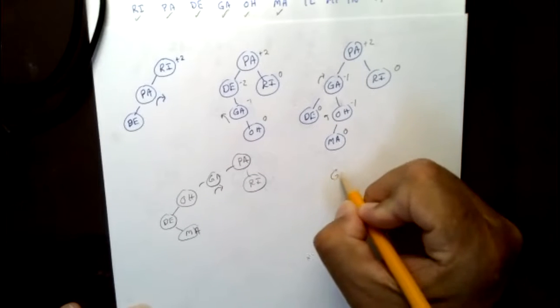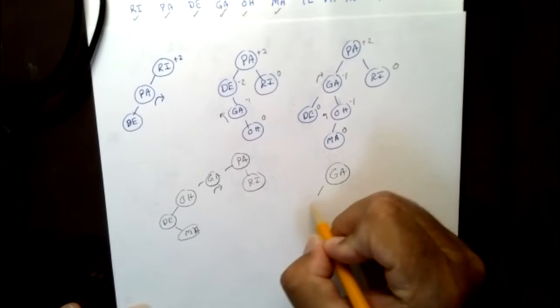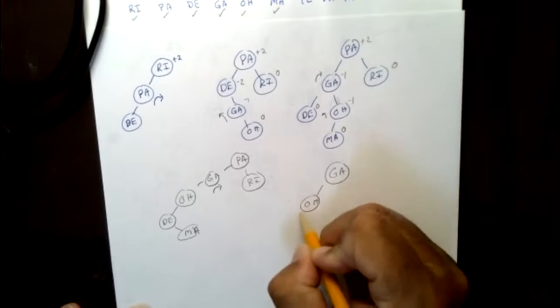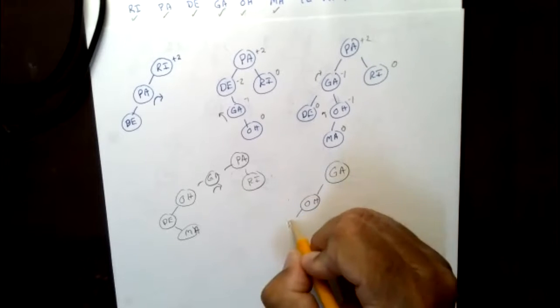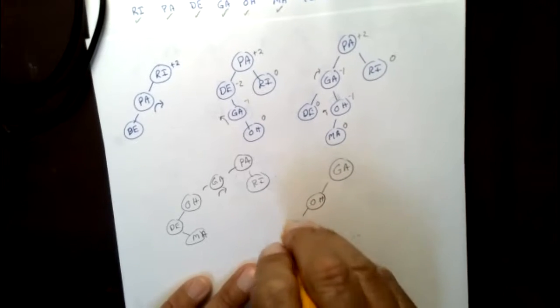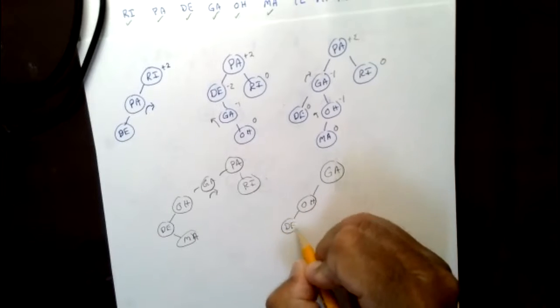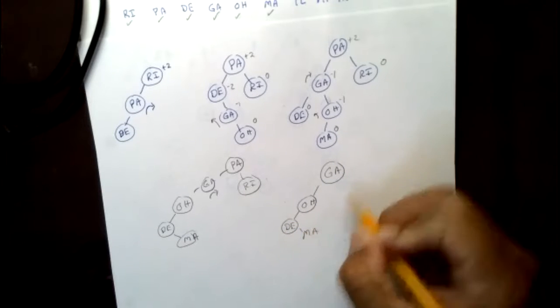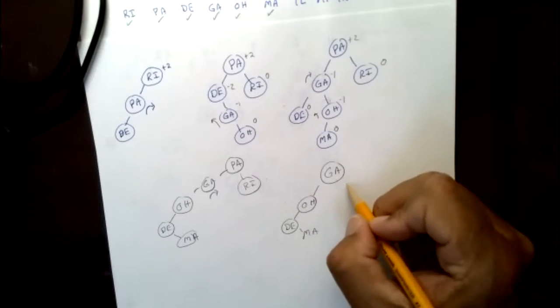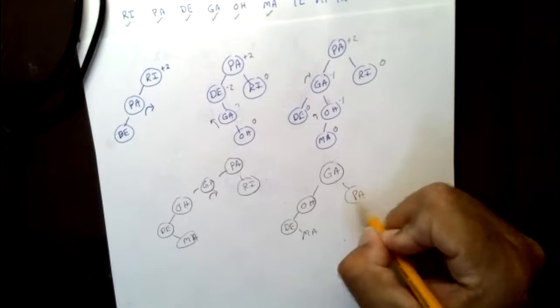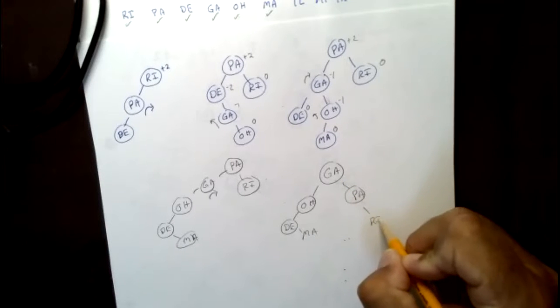So that I have Georgia up here. I have Ohio here. I have Delaware. That's not a D. Massachusetts. Over here, I have PA. And I have Rhode Island.